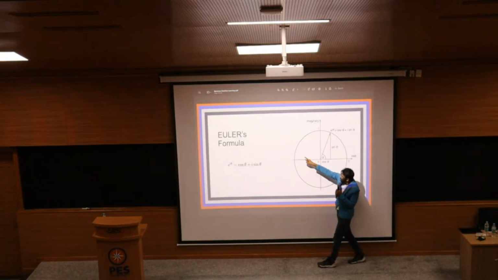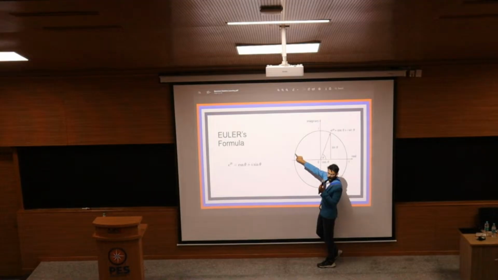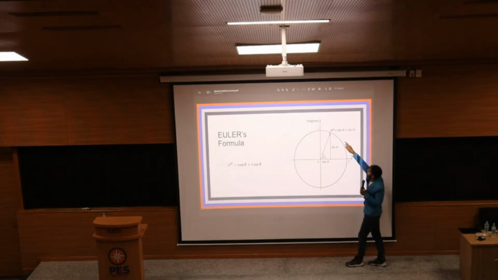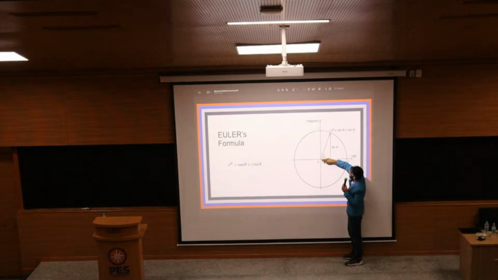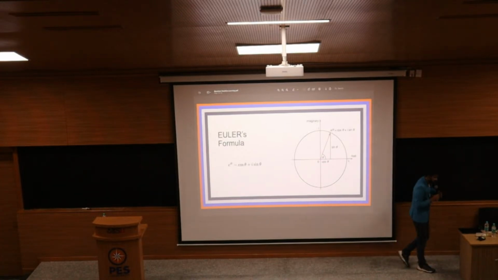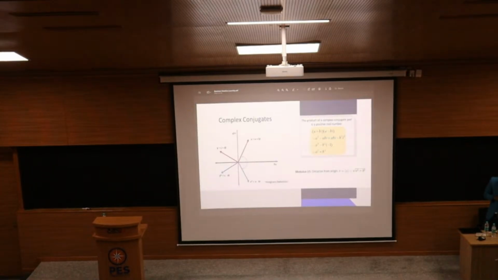So if the point is here, it will be e to the power iota times whatever angle it is making, and that is equal to cos theta plus iota times sin theta. If you want to prove this part, you can easily do it: this is theta, this will be sin theta, this will be cos theta. So cos theta plus iota sin theta. The very basics of a complex number.